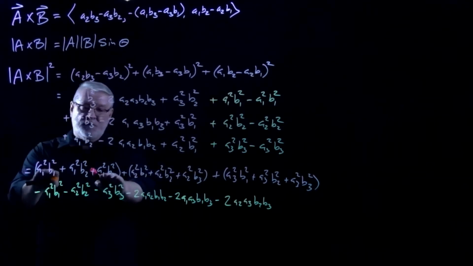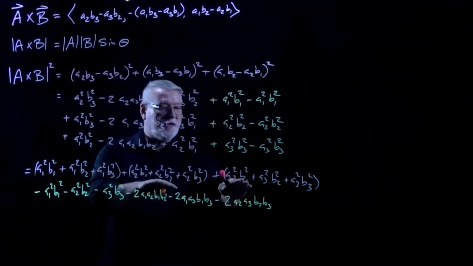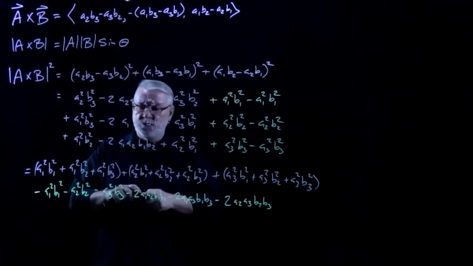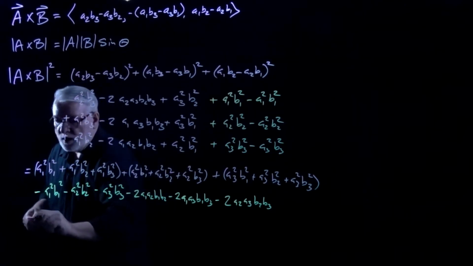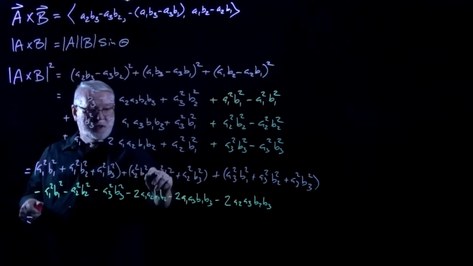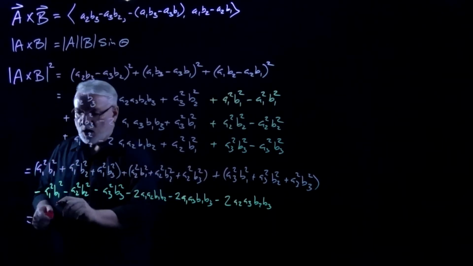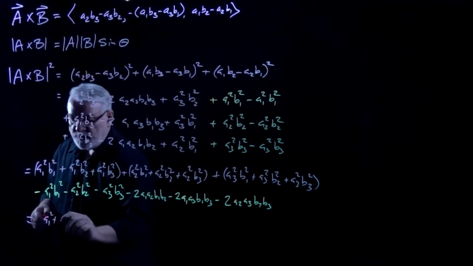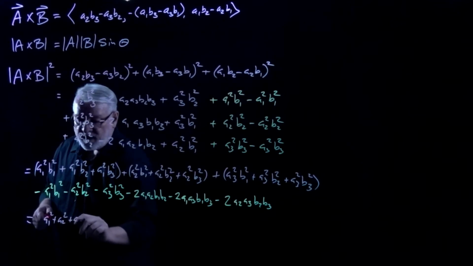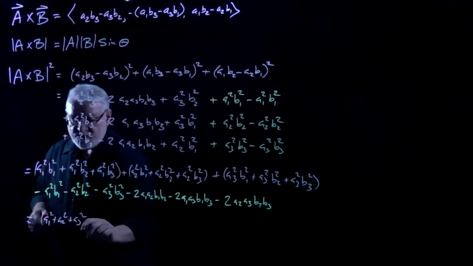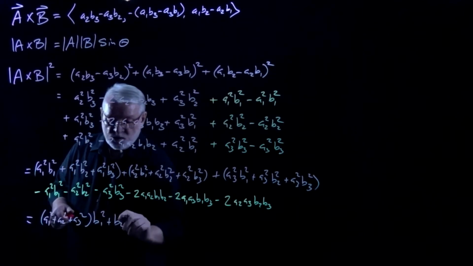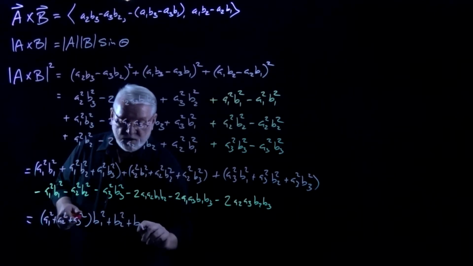Well, if you look carefully, A1 squared factors out of here, A2 squared factors out of here, A3 squared factors out of here, and what's left is B1 squared plus B2 squared plus B3 squared. So those first 9 terms are all (A1 squared plus A2 squared plus A3 squared) times (B1 squared plus B2 squared plus B3 squared).